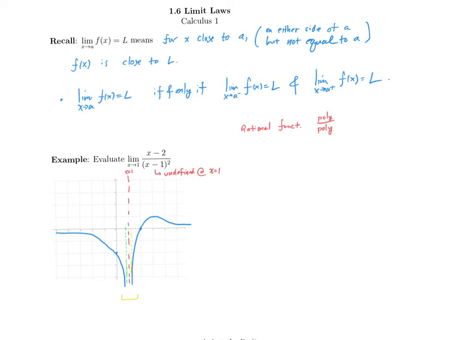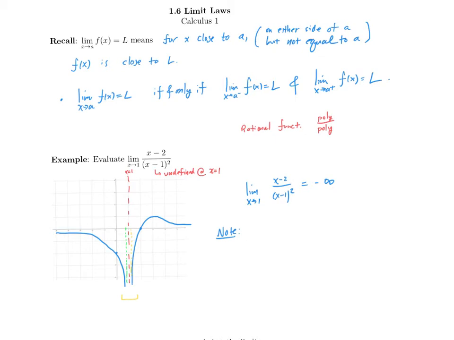So the observation that we want to make from this is that the limit as x approaches 1 of this rational function, x minus 2 times x minus 1 quantity squared, is equal to minus infinity. And note when we write this out, we're not suggesting that plus or minus infinity is a number, but it's an idea that indicates that we are getting extremely large and negative.